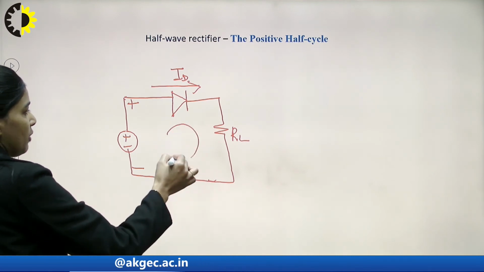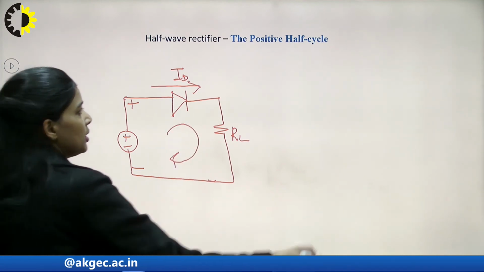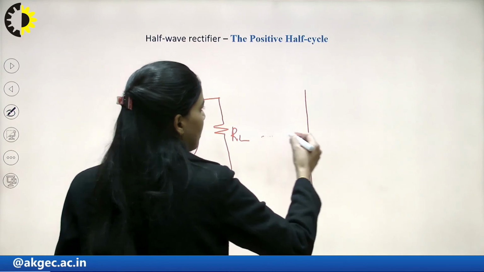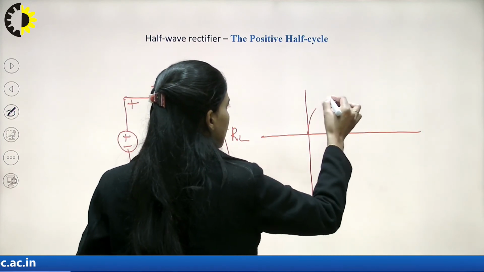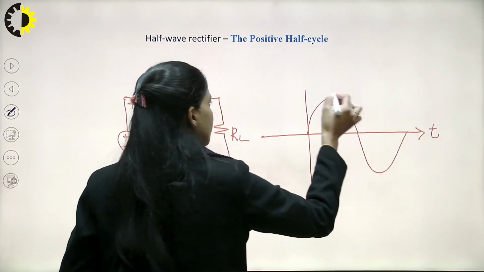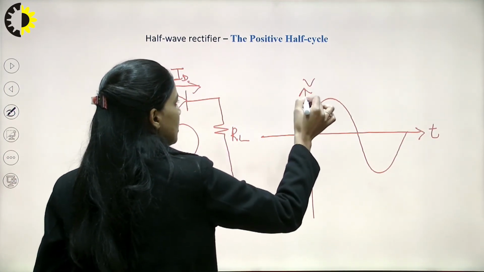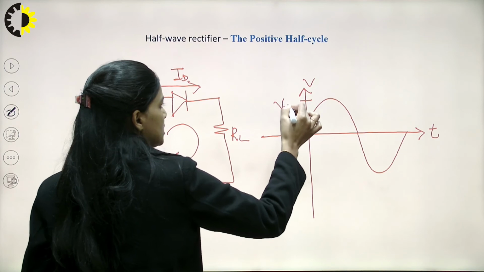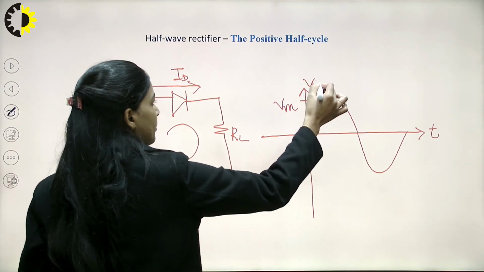That current will flow throughout the circuit. If this is the input, I am taking only one cycle for the analysis. This is the maximum voltage of the input, Vm.